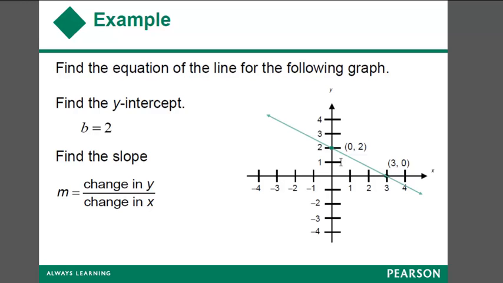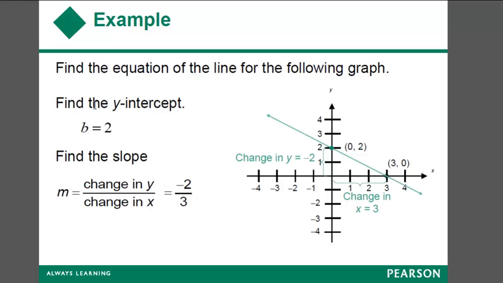So my change in y, I went down 2 spaces. My change in x, I went right 3 spaces. So -2 over 3. So my slope is -2/3.